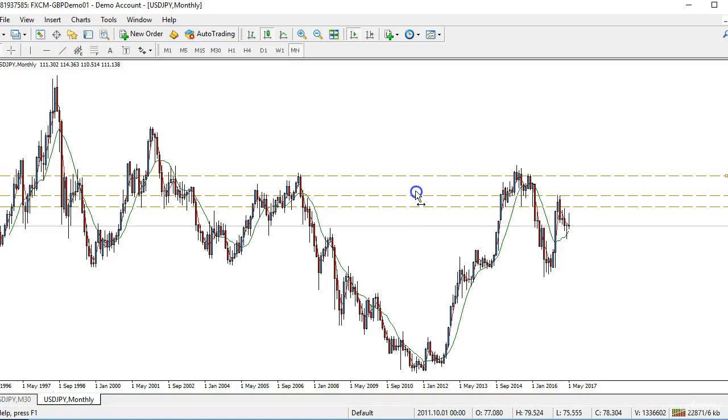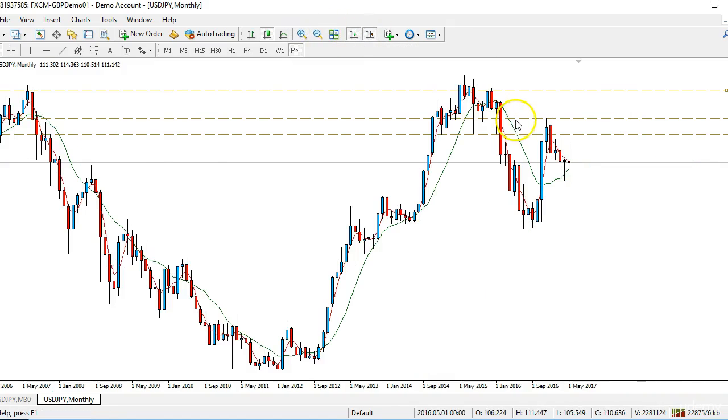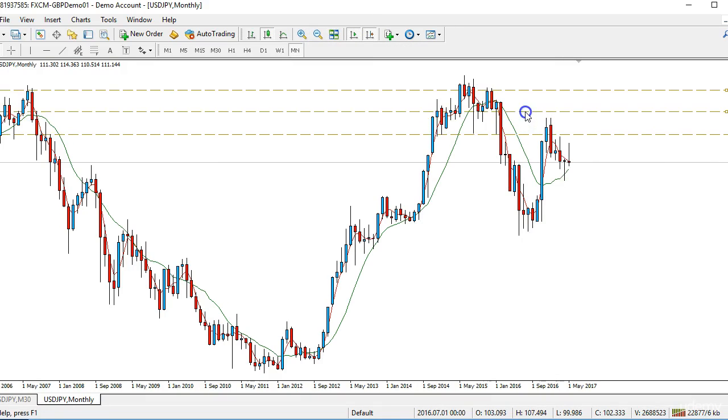Okay, so if I just go through here, if I just enlarge this a bit, you can see that what we've got here is what is known as a resistance zone, because this is where candles are closing and where they're spiking down to. So this has actually created a little zone.